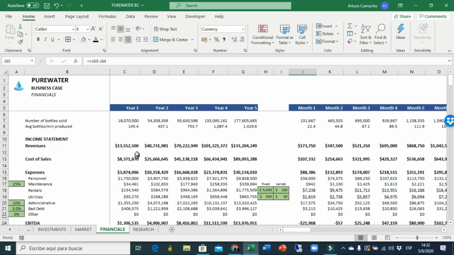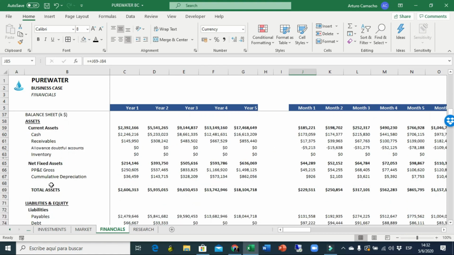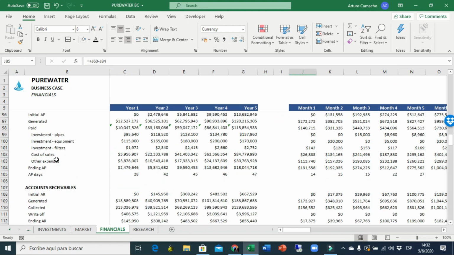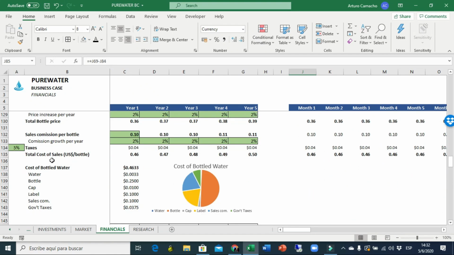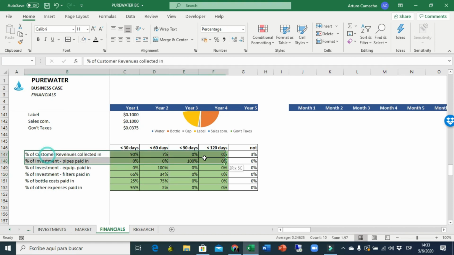I have my income statement, my cash flow, and my balance sheet. Everything I left at the bottom: the short-term debt, the accounts payable, the accounts receivable, the cost of sales, and these metrics that help me to distribute my payments and my collections. So I'm pretty happy with it.